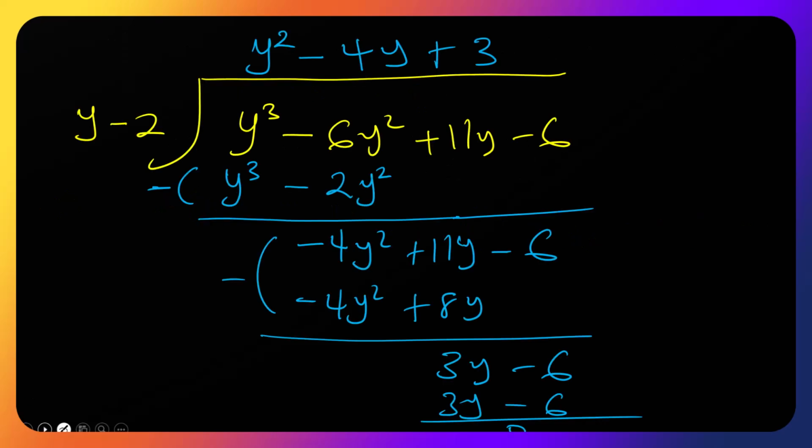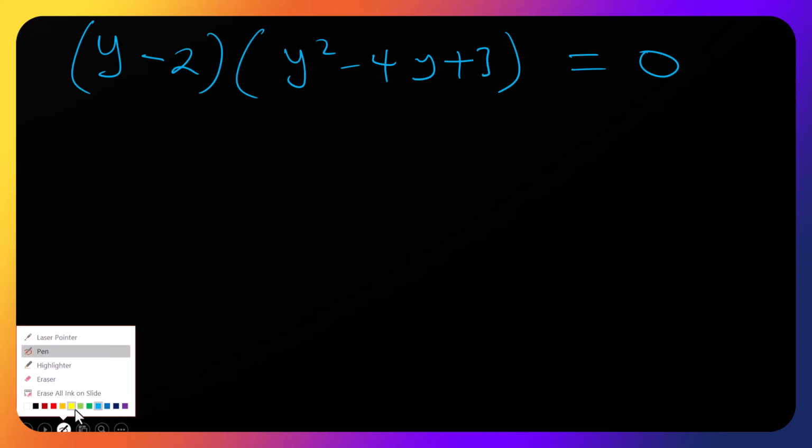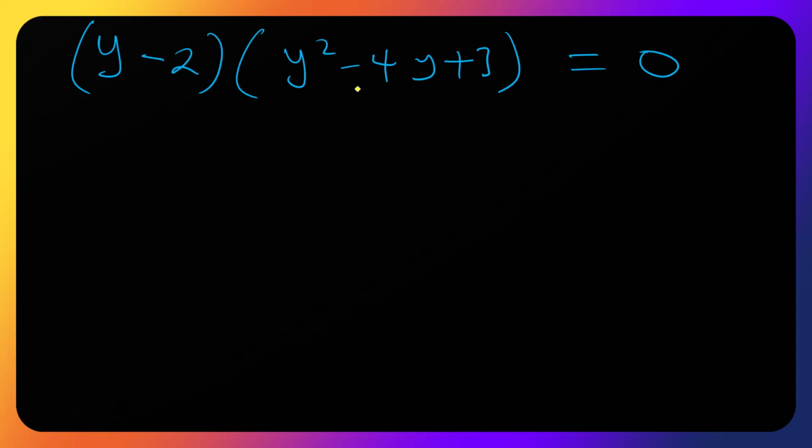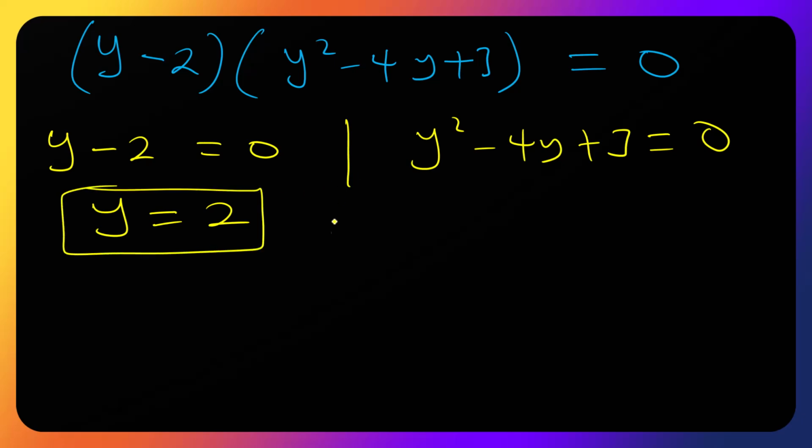Alright, so let's proceed and solve for the values of y. With the zero product, we can say y minus 2 equal to 0, or y squared minus 4y plus 3 equal to 0. So my first answer here is 2. As simple as that. So let's look for the other solutions.